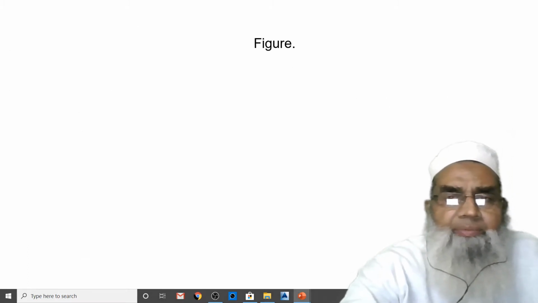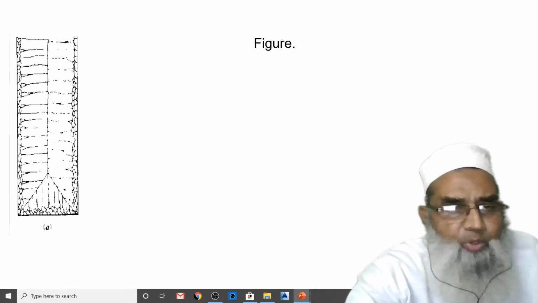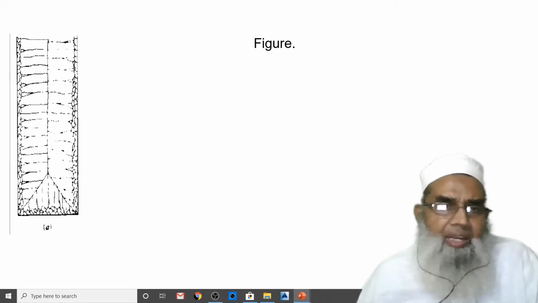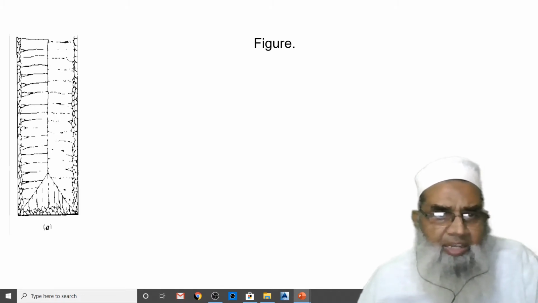Therefore, the figure can be seen over here. For a pure metal, the metal is growing towards the center of the cavity from this side and this side.